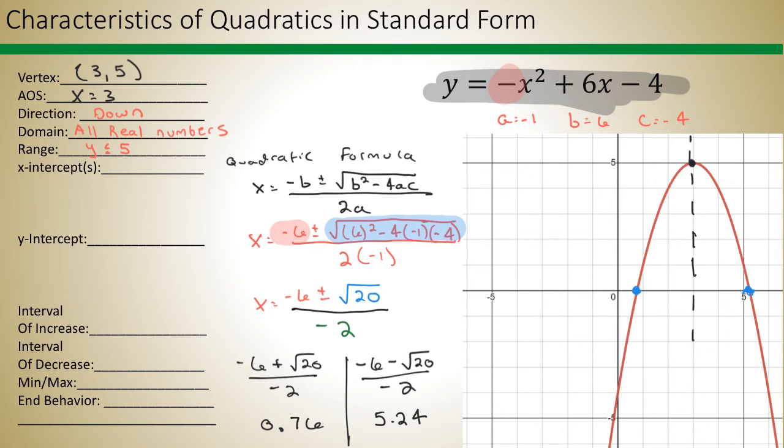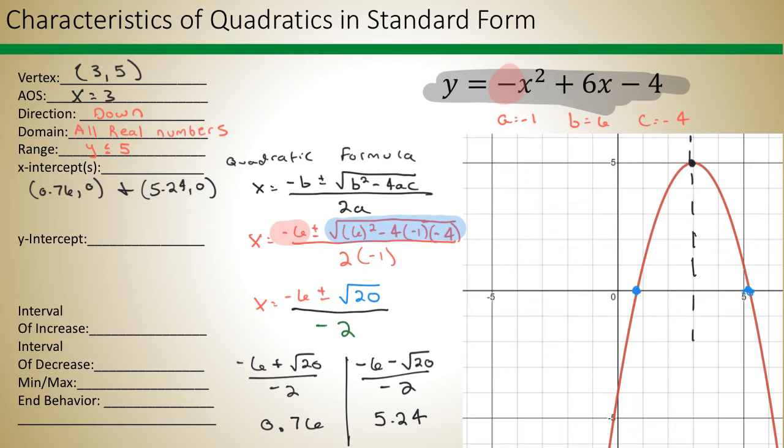Okay, so my x-intercepts for this thing, I have 2 of them, and they are the points (0.76, 0) and (5.24, 0). Those are the x-intercepts, and that makes sense based on this graph we have, okay?